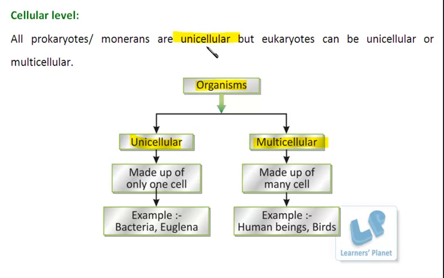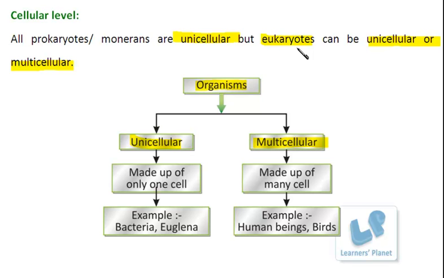Well, on the other hand, the eukaryotic organisms can be either unicellular or multicellular, right? In the above chart, I explained that eukaryotes are subdivided into different groups. Do you remember what they are? Protista, fungi, plants, and animals, right?